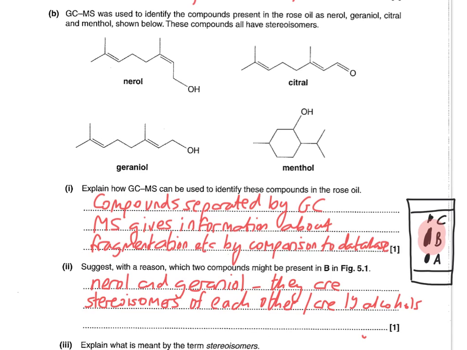The choices that we have from nerol, citral, geraniol and menthol is most likely to be nerol and geraniol because they're similar to each other, and what's most important is they've got the same functional group, primary alcohol. So therefore primary alcohol is likely to behave in a similar manner towards the solvent and therefore be carried up to a similar extent by the solvent, and as such will have a similar retention factor.